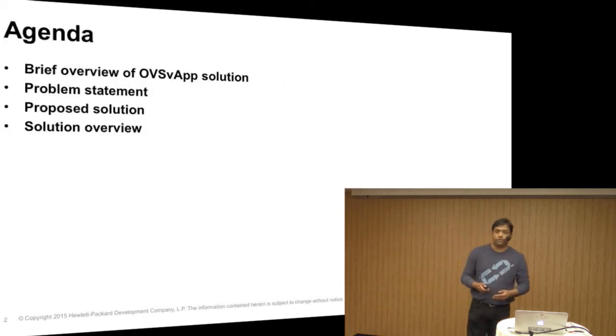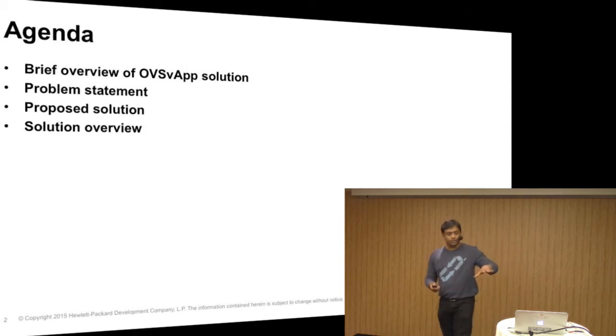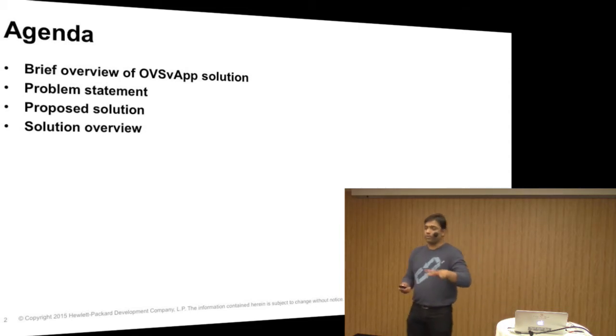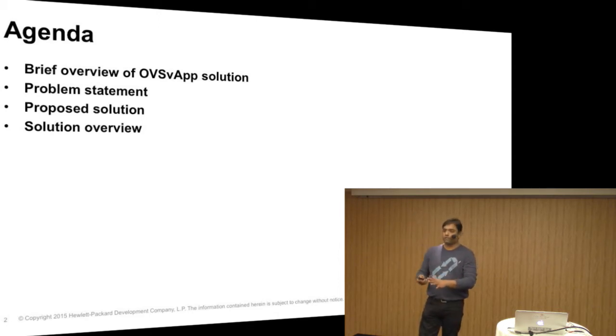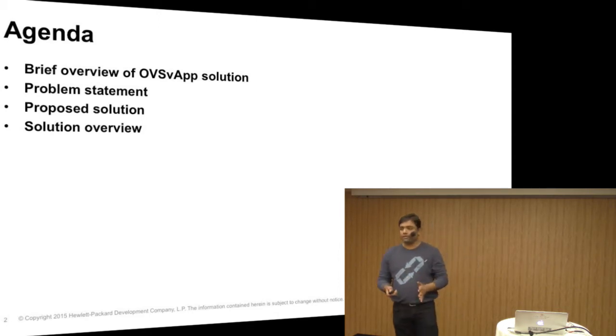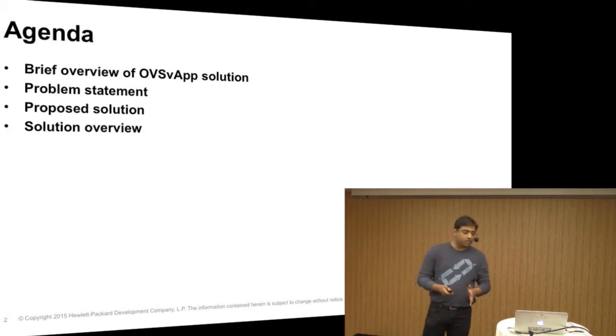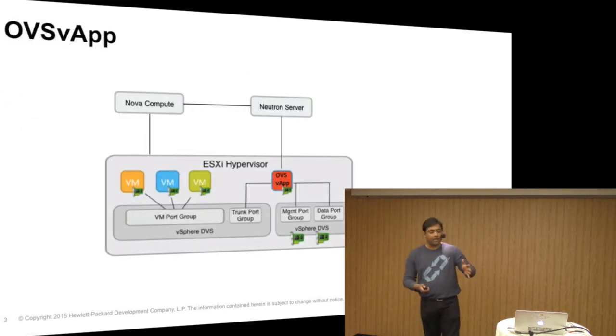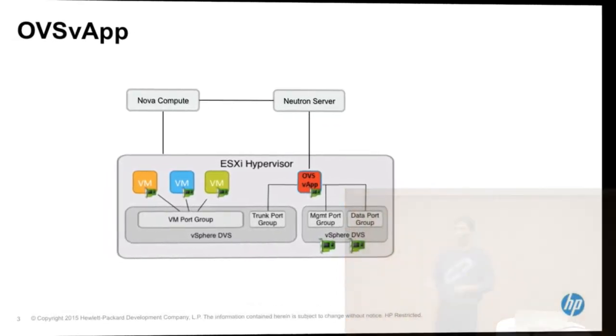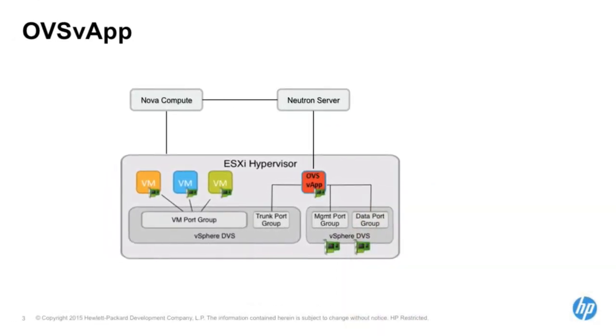Before I go into the actual problem and what our proposed solution is, I would like to brief you on what the OBSV app is all about, for the benefit of those who are not aware of the solution. OBSV app is basically an appliance or a VM, if you will, which gets hosted on an ESXi hypervisor.